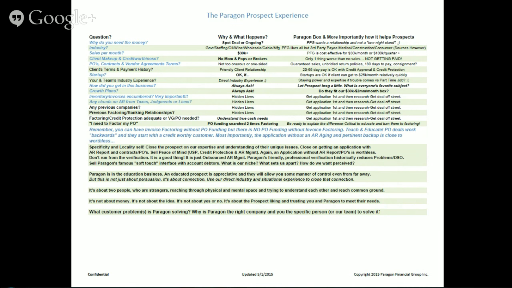Great. But what's WIP? WIP stands for work in process. What if you have to put components together? Let's say, for instance, you're selling an engine, but you need a crankshaft, and you need a header, and you need lubricant. Well, we have a sister company that does WIP funding.